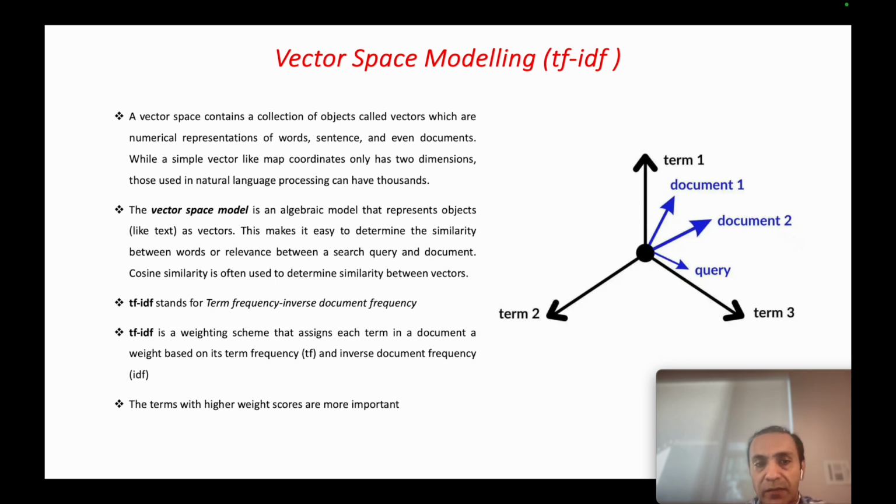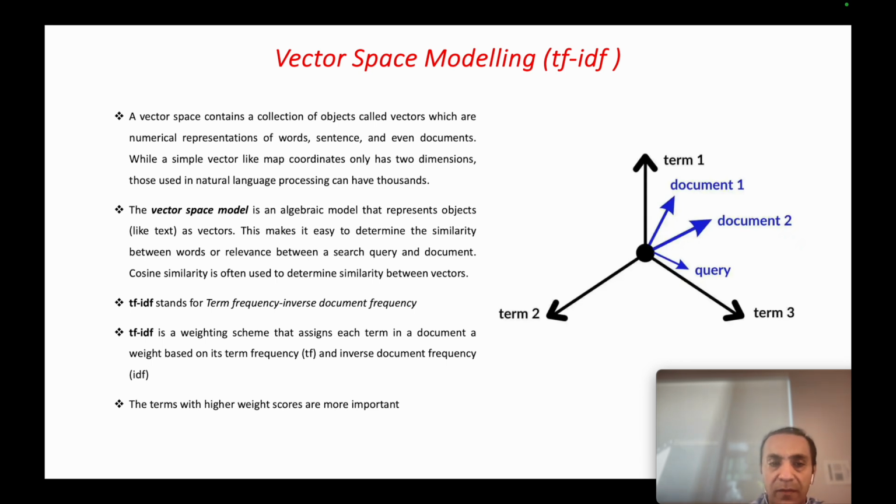So TF-IDF stands for term frequency and inverse document frequency. TF-IDF is a weighting scheme that assigns each term in a document a weight based on their term frequency, or the number of times they appear.